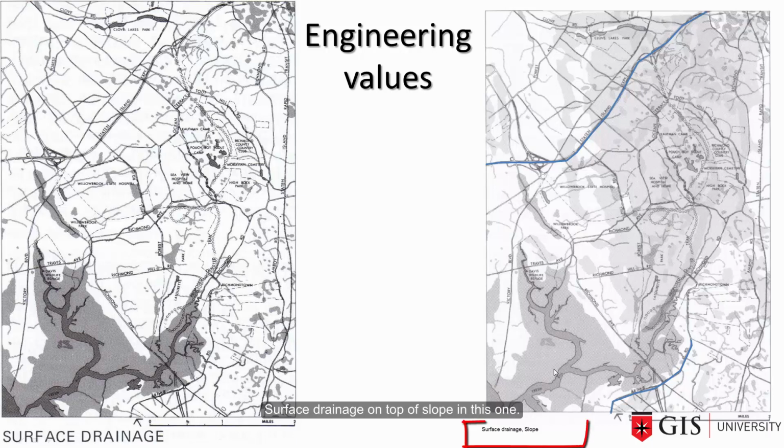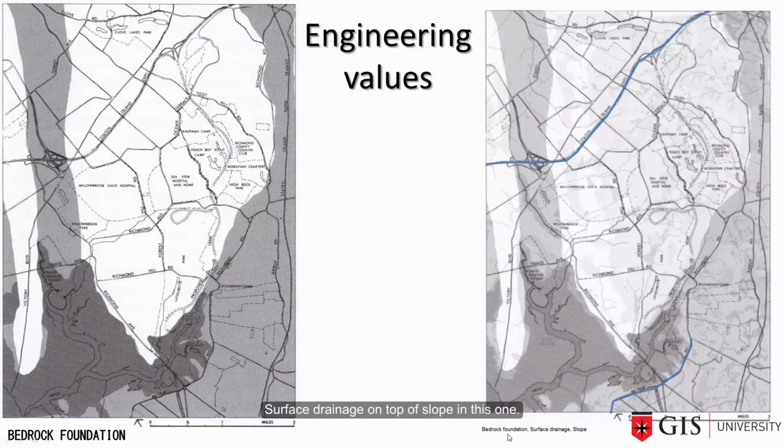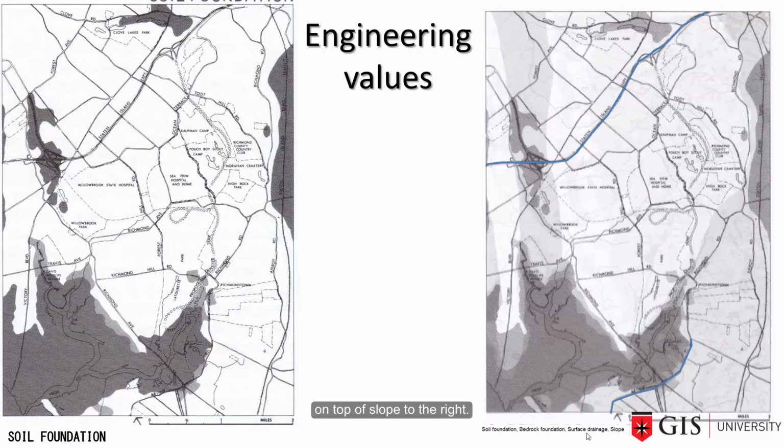Okay, surface drainage on top of slope in this one. Bedrock foundation on top of surface drainage on top of slope to the right. Soil foundation on the left. We're still dealing with engineering values. We're going to overlay that on top of all these other maps.